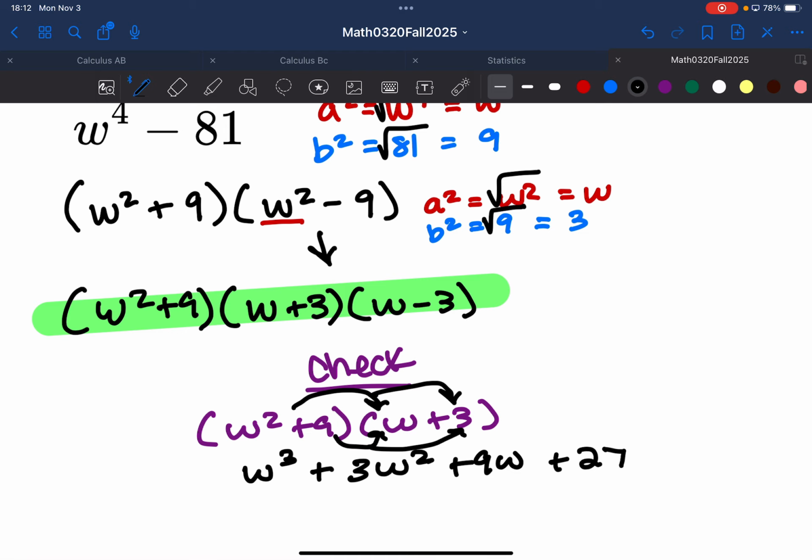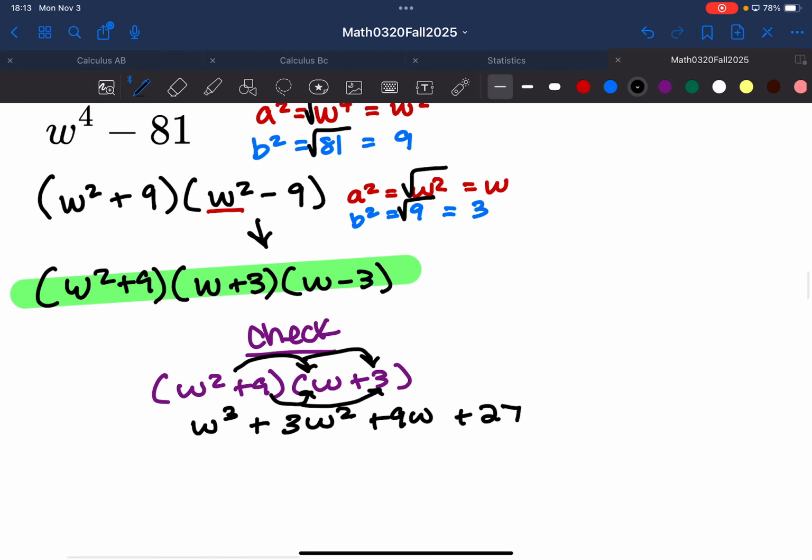Okay, then I look at this. Can I combine any like terms? Do I have more cubes or more squares or more single W's that I can combine together? No. So then I'm going to take this, make it our parenthesis, and I'm going to bring down the W minus 3 because that's the last one I need to FOIL together. Notice though, I'm not only FOILing binomials, meaning 2 terms.